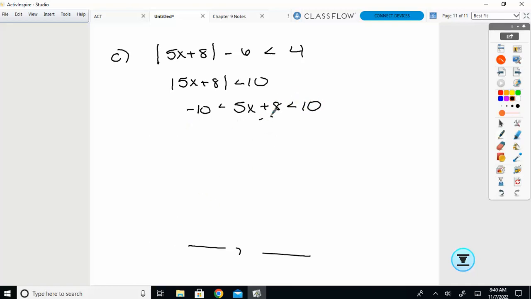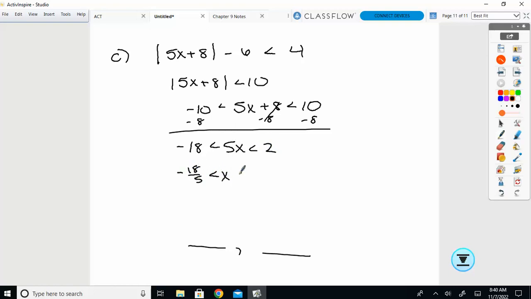Most of you set it up with one big compound inequality. So if you subtract your 8 from everything, divide by 5. So we're going to get everything from negative 18/5 to positive 2/5. Parentheses or brackets? Parentheses, because it is not equal to.